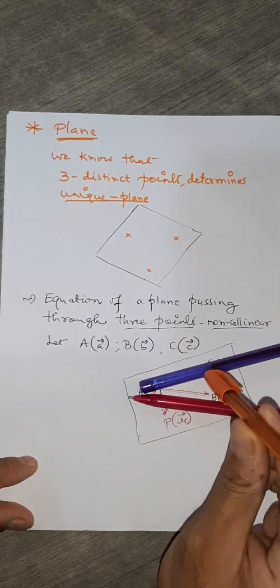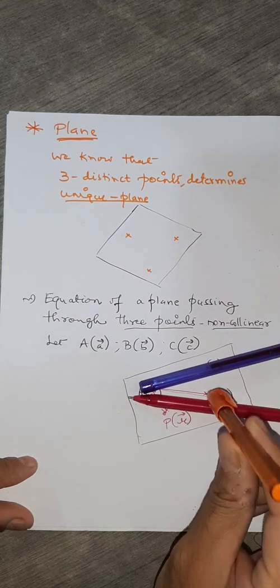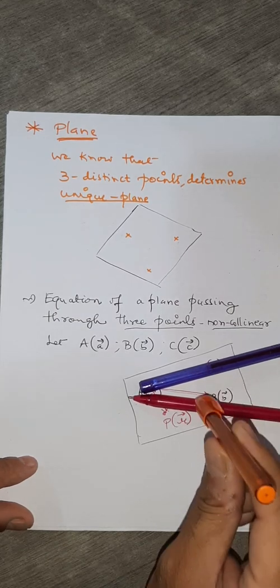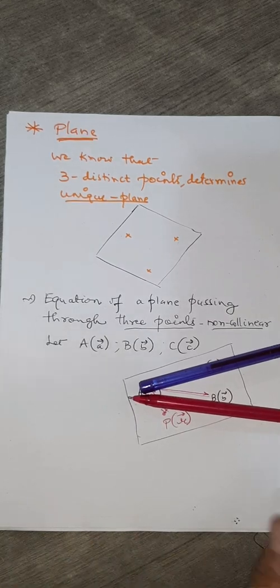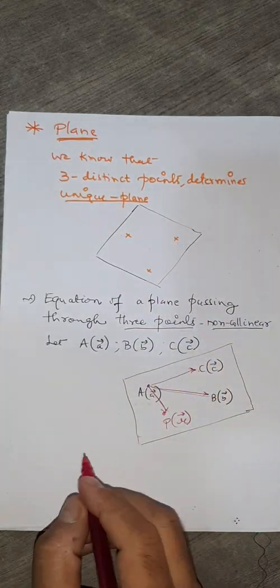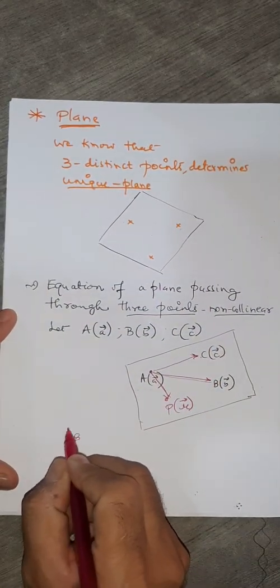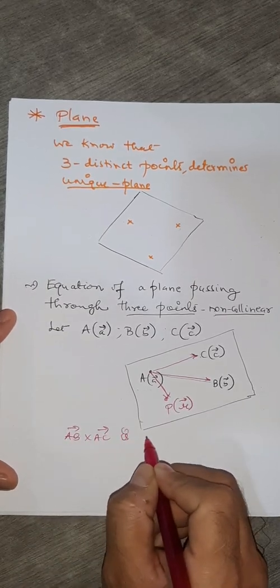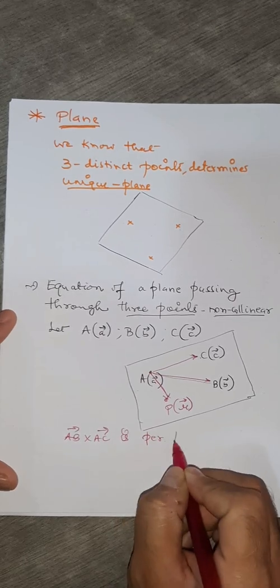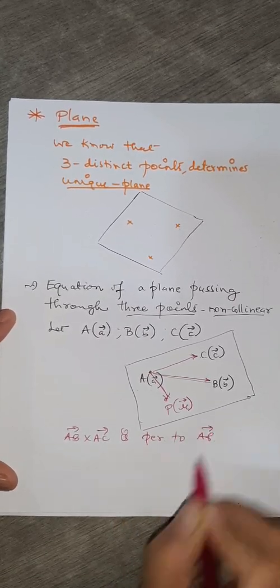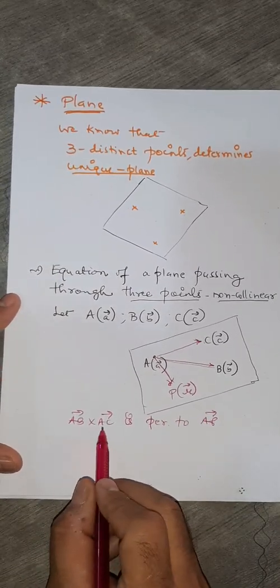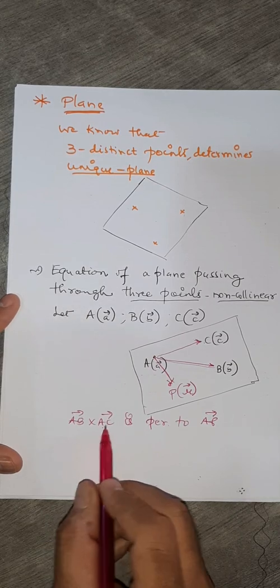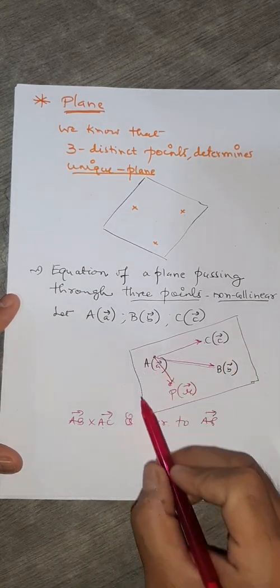You know from the previous chapter, the cross product of any 2 vectors gives us the vector perpendicular to both. So here you can say vector AB cross vector AC is perpendicular to which vector? AP. The cross product of 2 vectors is perpendicular to every vector in that plane.